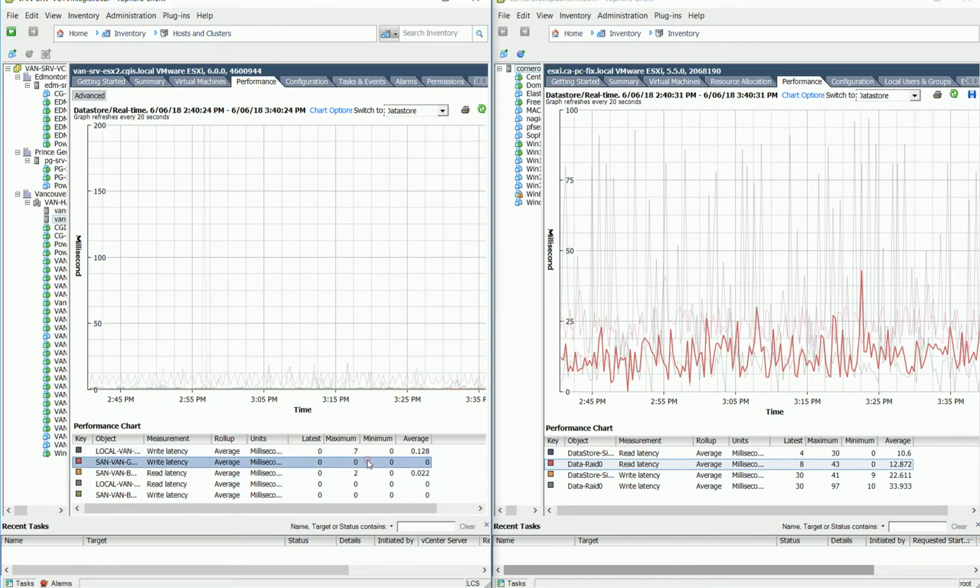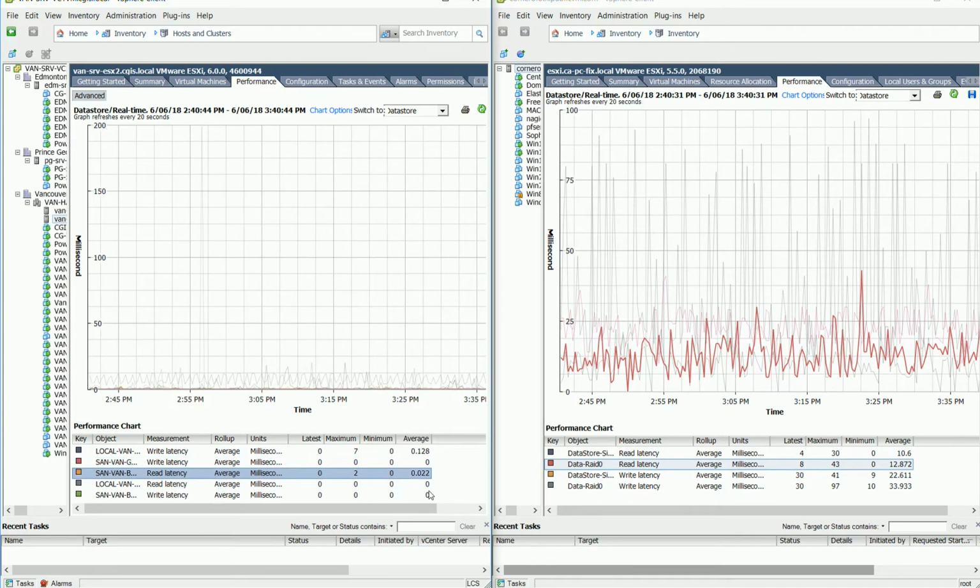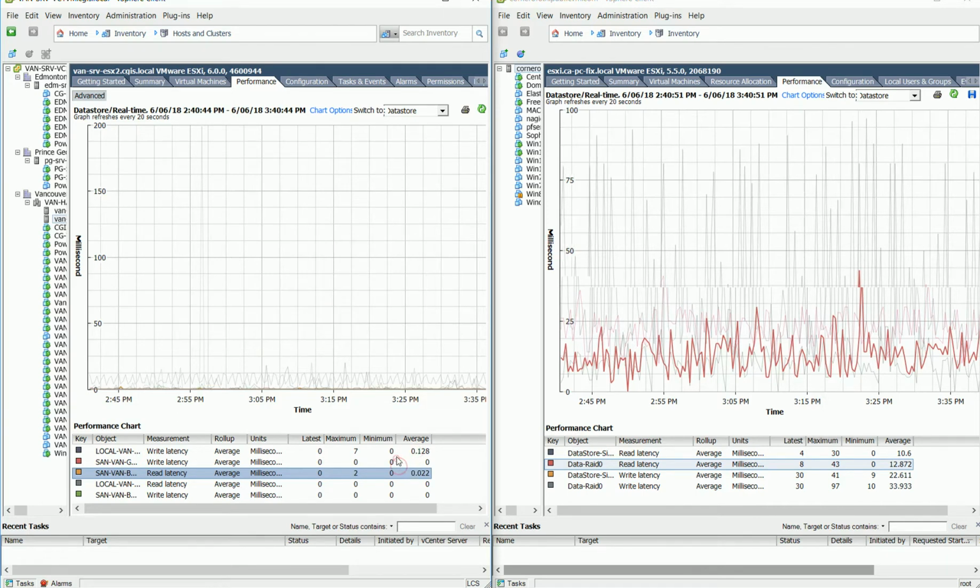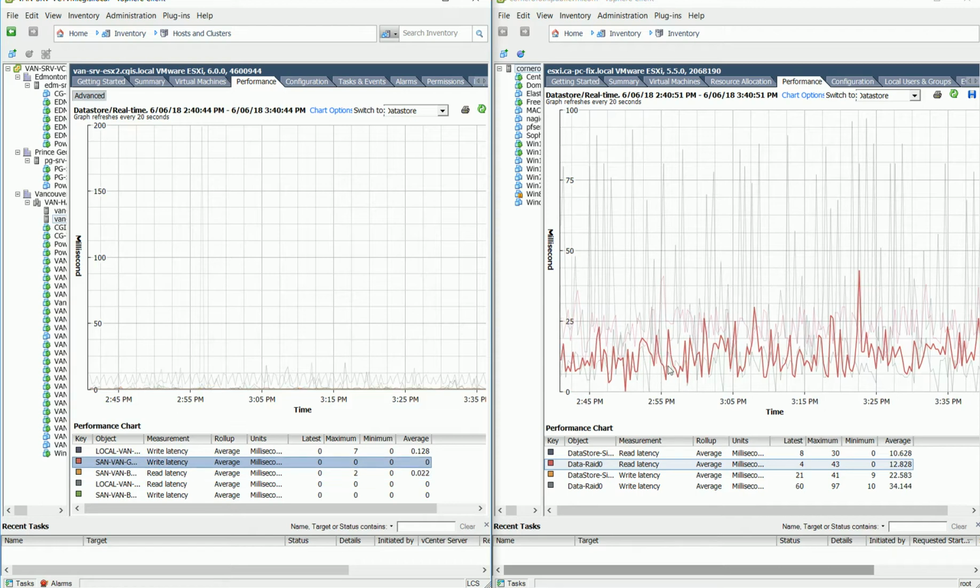Maybe people will be interested in how those high-end servers have such low latency. Maybe some people can comment below.